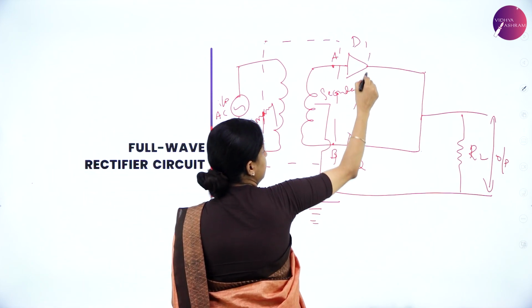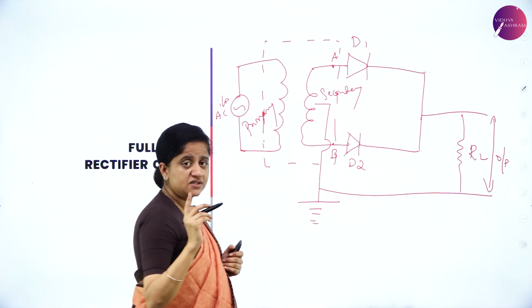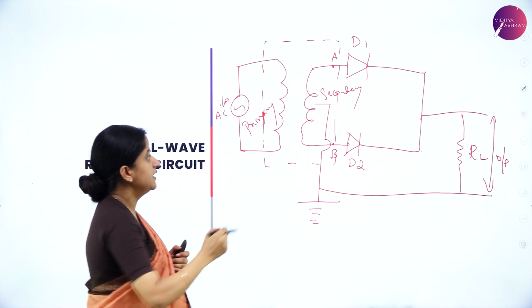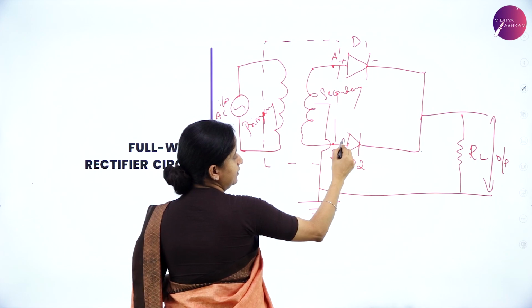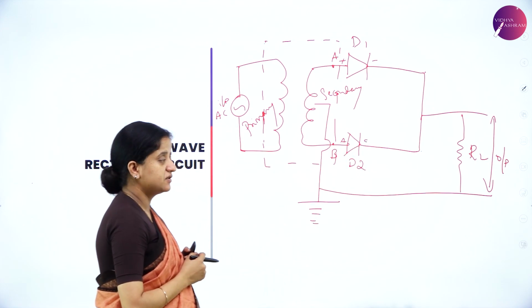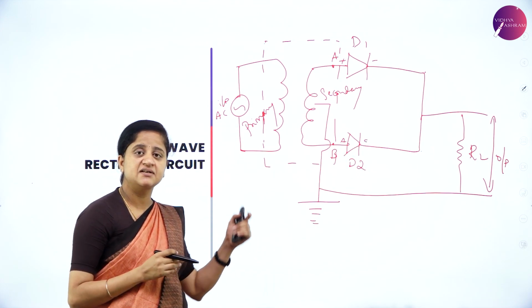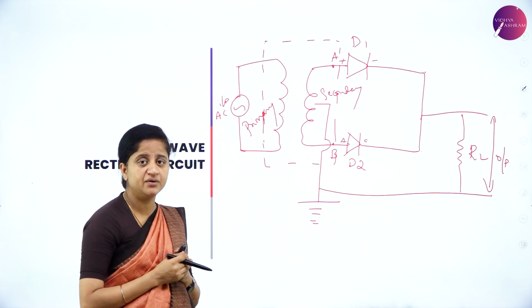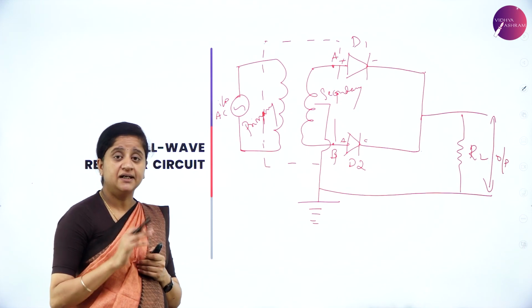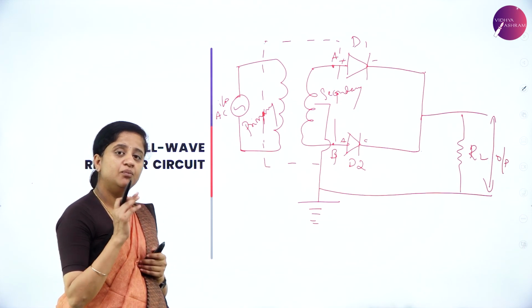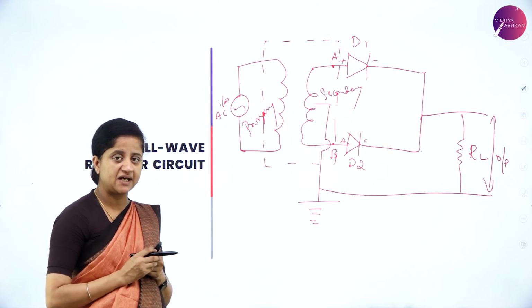It consists of two diodes, that is D1 and D2. Here this is positive and negative, and this is the anode and this is the cathode. Whereas in the half wave rectifier we had only one diode, in the full wave rectifier we have two diodes. That is the reason why we get output in both the cycles, because two diodes act here.